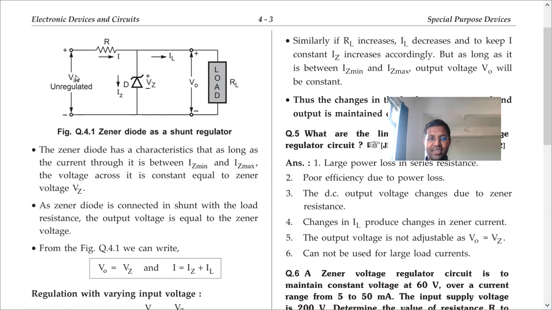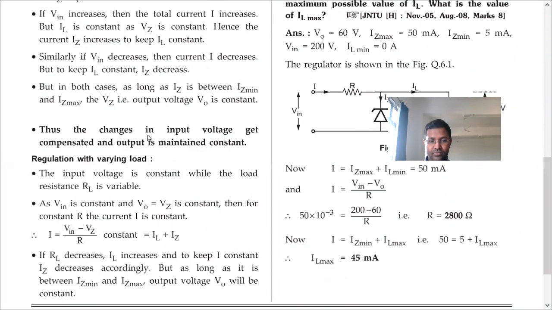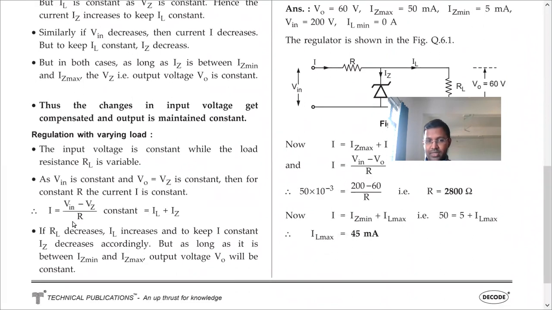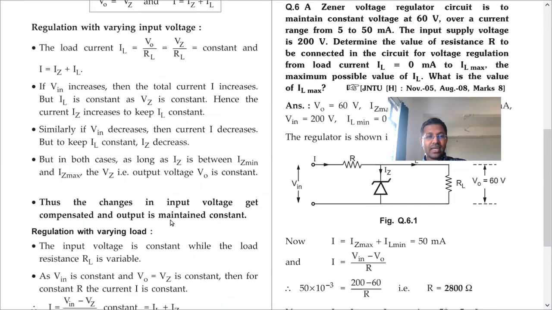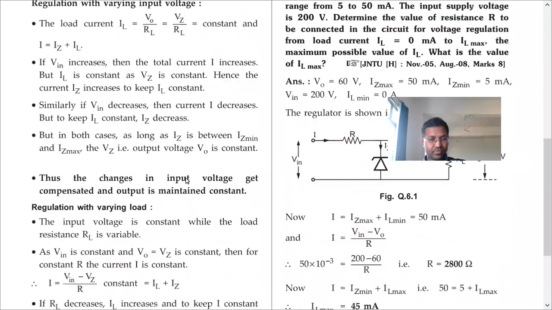I will be Vin minus Vz by R. This also we have seen in the previous class. So Vin is constant, Vz is constant, R is anyway constant. So I is a constant, and I is IL plus Iz, same equation.